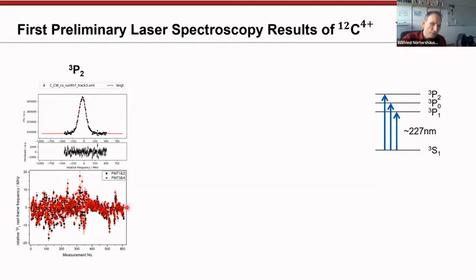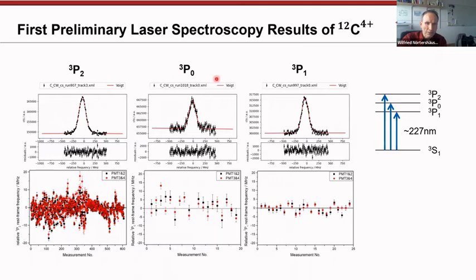And as you can see towards the end, by fixing some of these parameters and improving them, we could reduce the scatter. We have now also measured the triplet P0 transition and the triplet P1 transition. Particularly in the triplet P1, we have sufficient statistics, and you see a very small scatter now with the fixed parameters. And here we have lower statistics due to the lower transition strength.